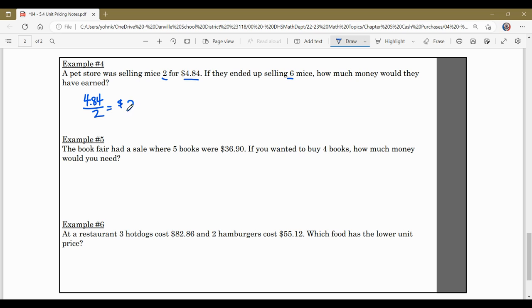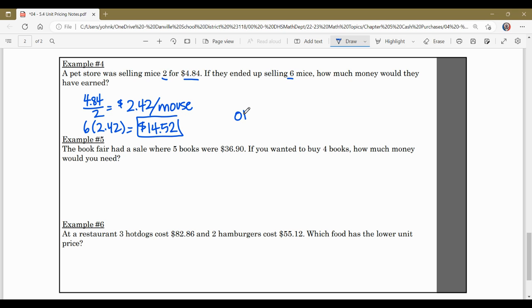This tells me that each mouse is $2.42 per mouse. So if I want to purchase 6 of them and each one is $2.42, I get $14.52 for 6 of them. So find the unit price and then buy how many you need.